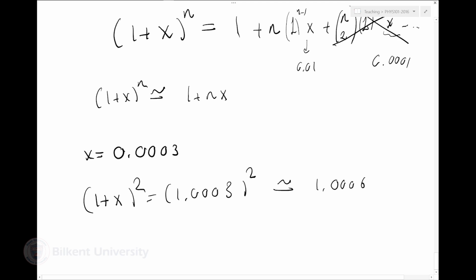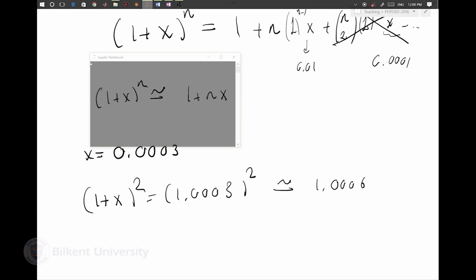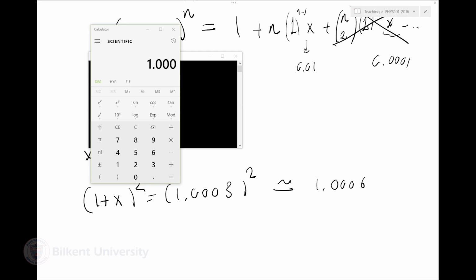Let's check. Let me open my calculator. Hopefully it's somewhere over here. So 1.0003. I'm going to take its square. Okay. So you see, you even see the next order contribution here, but it's really, really small.